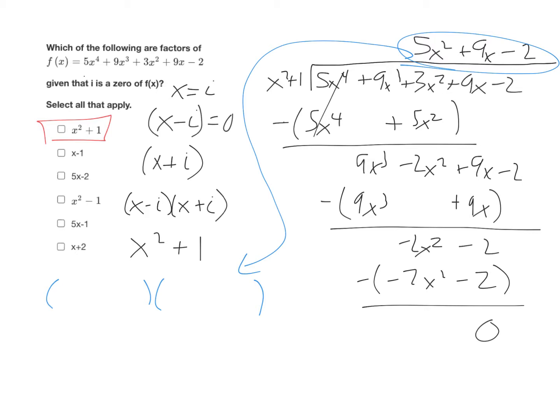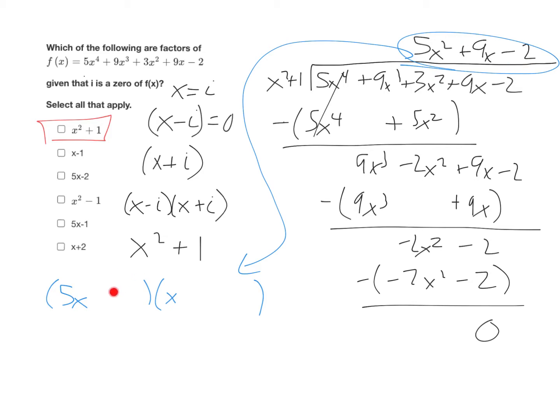There's only two friendly numbers that can do that, 5x and x. Usually when we think about factoring, we're thinking about using integers only. And now I need two numbers that multiply together to give me -2. Well, there's only two options, -2 and 1 or -1 and 2.